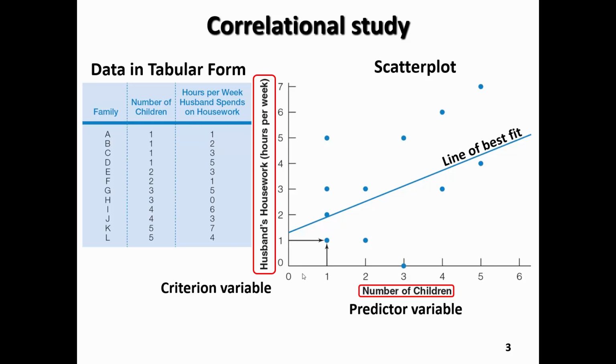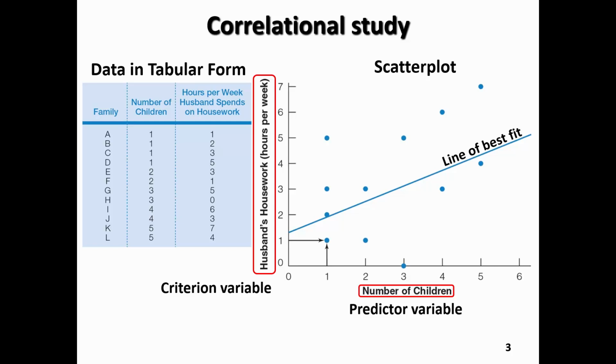What we see here on the scatter plot are a number of blue dots, and each blue dot represents a single case that we have on our table. Before we get to that, the line here is what's called the line of best fit, or the regression line, and that will be addressed a little later in this unit.